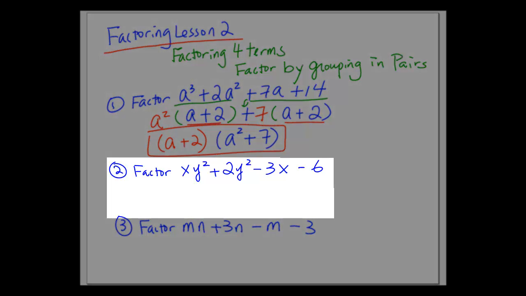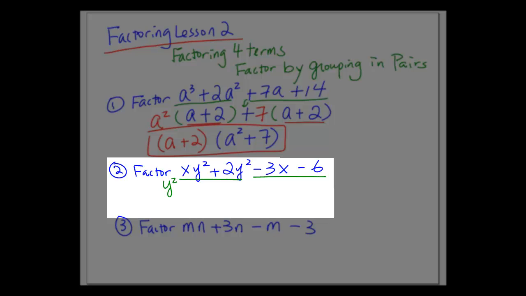The second one, we have 4 terms again. So again, we are going to factor by grouping them in pairs. We will do it 2 terms at a time. Looking at the first 2 terms, we have y squared as their common factor. So we pull out y squared.